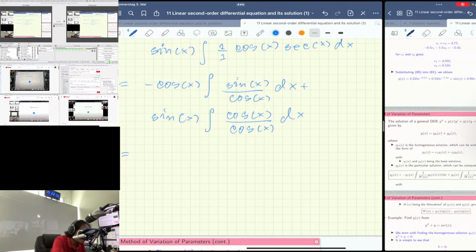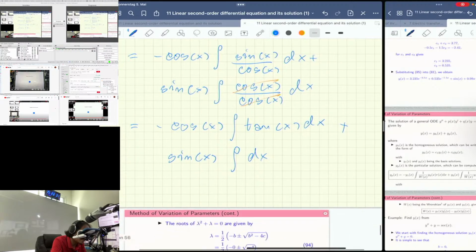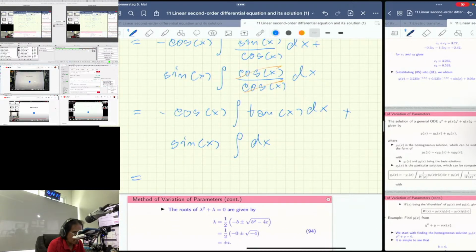And of course, the first term will be from the trigonometric identity: sine by cosine is actually tangent x dx. And for the second term, cosine cancels, so it is integration of dx only.